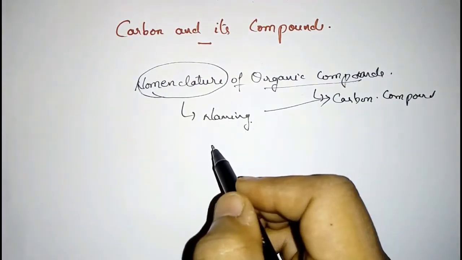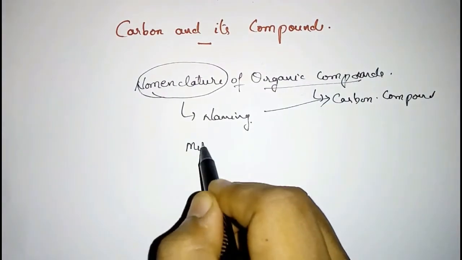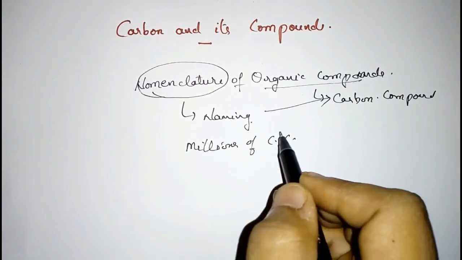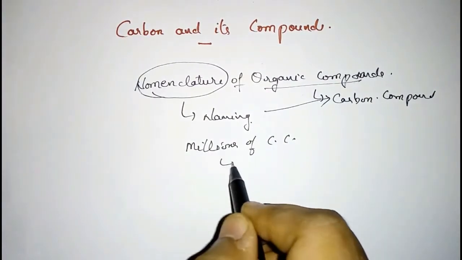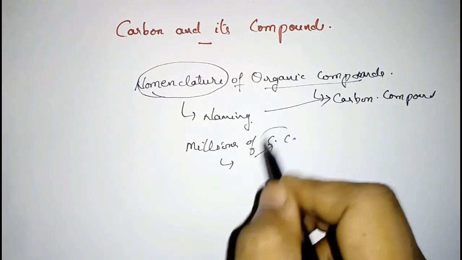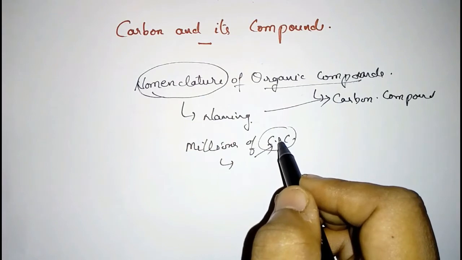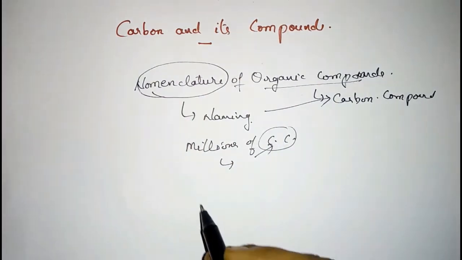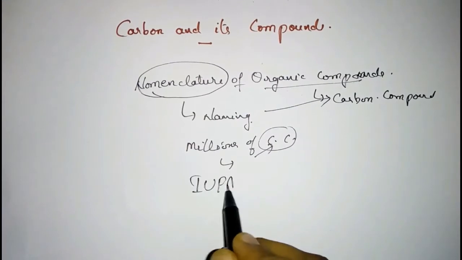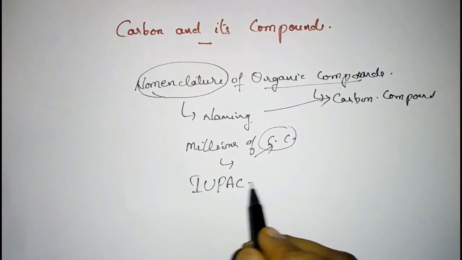As we already know, there are millions of carbon compounds in nature, so it is difficult to name each and every carbon compound. So here comes our international union. What is that? IUPAC.